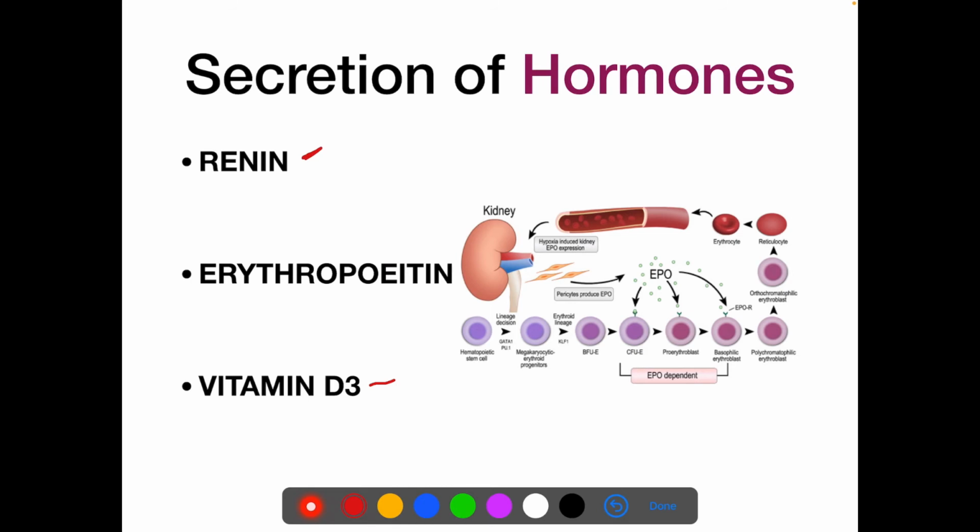So the active form of vitamin D is called vitamin D3. That is 1,25 dihydroxy cholecalciferol. This is vitamin D3, or the active form of vitamin D, and it is produced in the kidney.